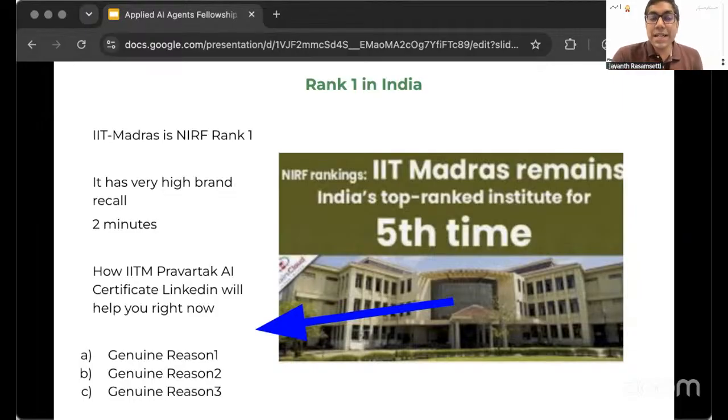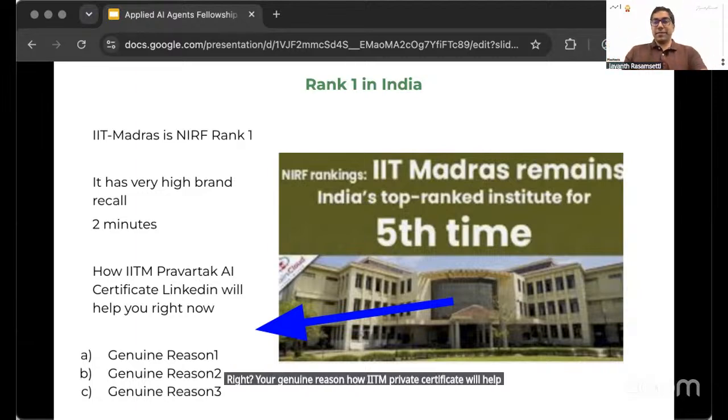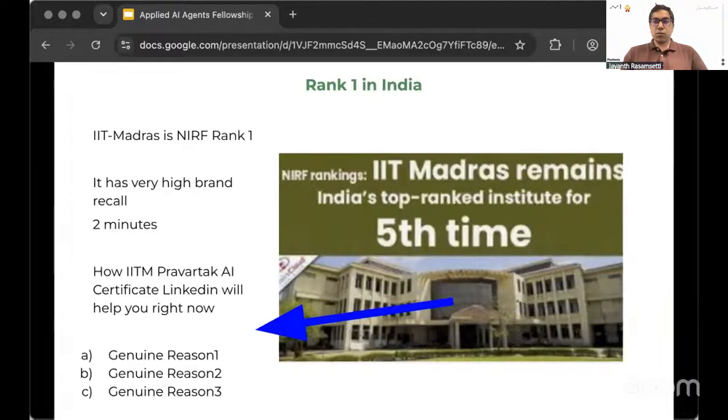Write your genuine reason how IITM Pravartak certificate will help you right now. Yeah, keep it short and simple.